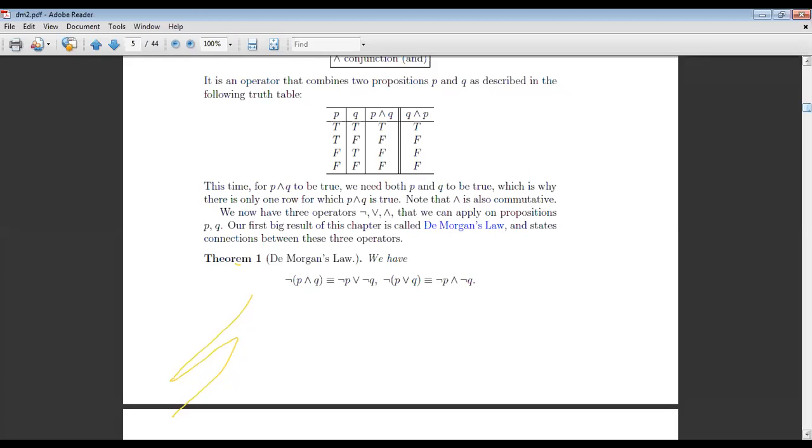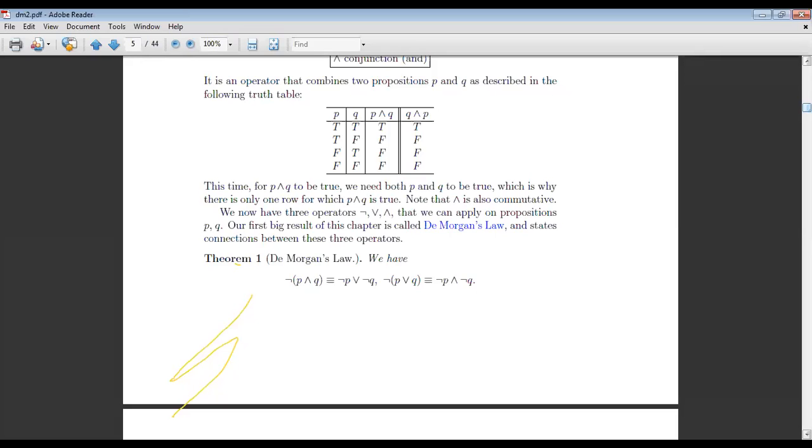Okay, so for the first one, the truth table is: what are the truth values? P, Q will be true true, true false, false true, false false. Before going further, what columns do you have to write in the truth table?